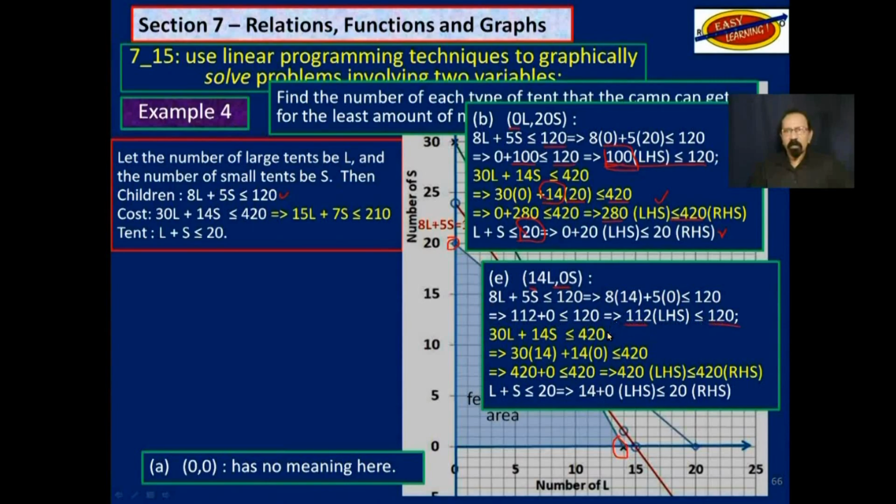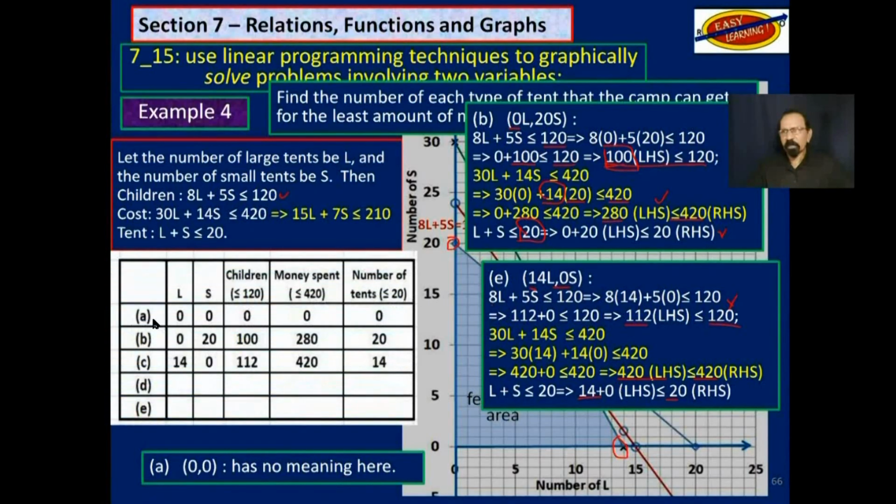In terms of money, you just barely spend the money that you have, 420 and 420. And in terms of tents, you have 14 and you are allowed 20. So we still have a problem here. So those 3 obviously will not work. Let's put them on the table. None of these will work for obvious reasons.